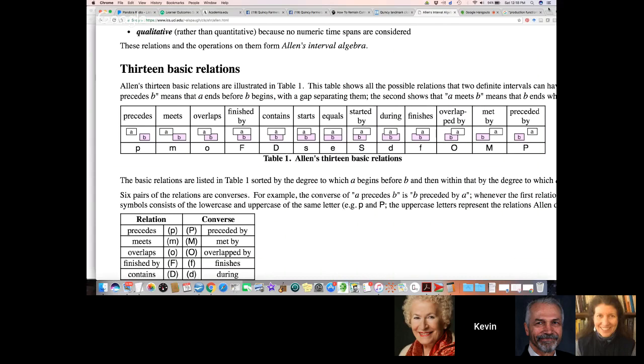important in defining a system. But for a mathematical relation, you would also have a 14th one out here. It's called null. The name of it would be null.